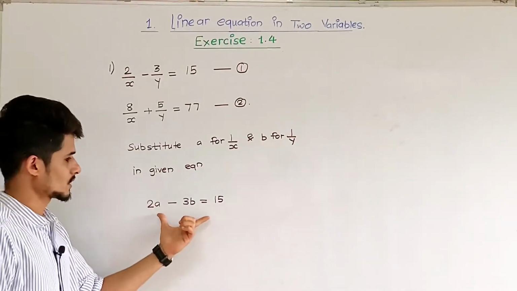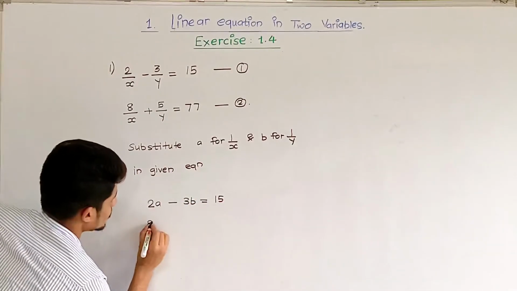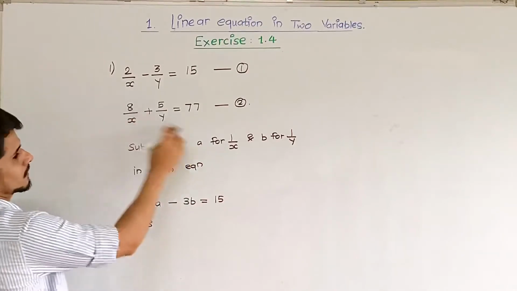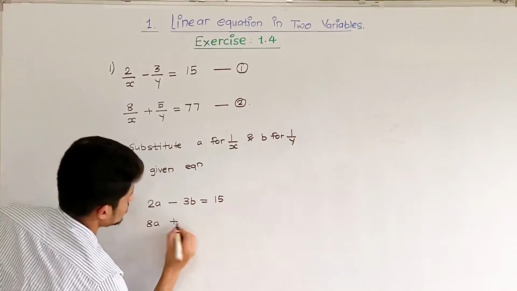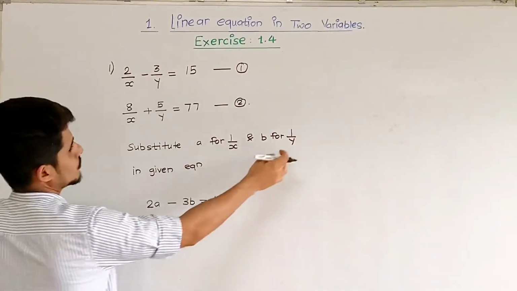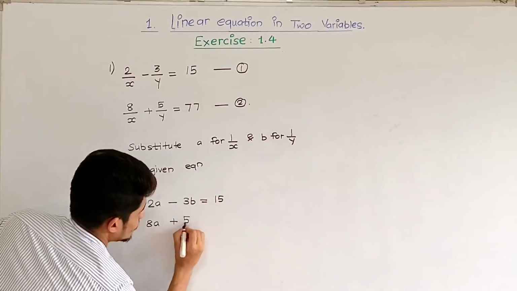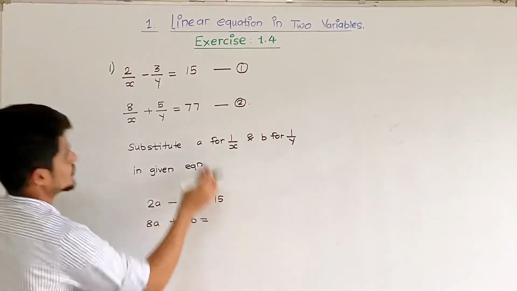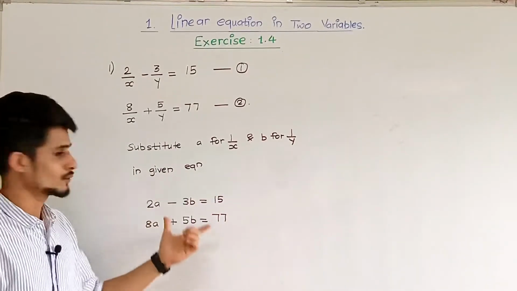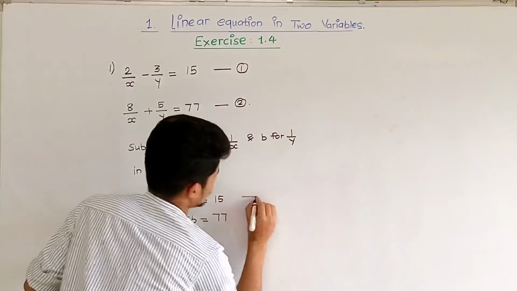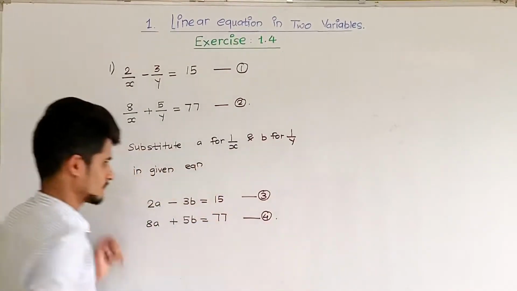So this is equation 1, and similarly we will substitute for equation 2. 8 into 1 by x is a, so 8a plus 5 into 1 by y, that is b, 5b is equal to 77. So these are our new equations. Let's denote them equation 3 and equation 4.